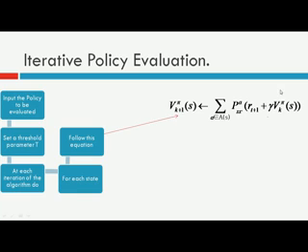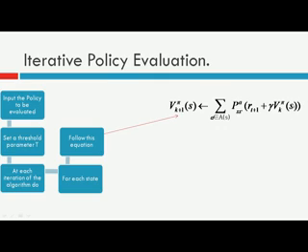This gamma was 0.98 in my example, and this v_k pi S', sorry, this is S', not S, is the value of state S' in the previous iteration, at iteration number k, to compute iteration number k plus 1.